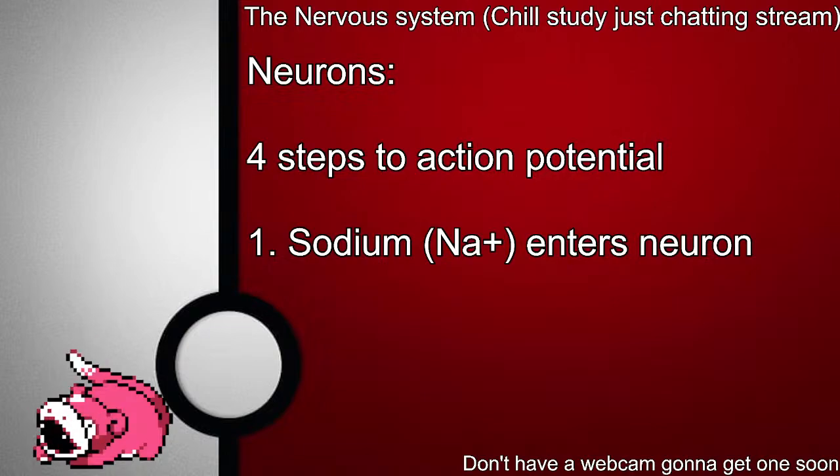Okay, and the local potential reaches the axon hillock, a region with high density of voltage-gated channels for sodium and potassium. If the local potential attains a minimum voltage called a threshold, it opens up the channels in the axon hillock and produces an action potential. Okay, so if the local potential attains a minimum voltage called threshold, which makes sense, it opens channels in the axon hillock and produces an action potential.